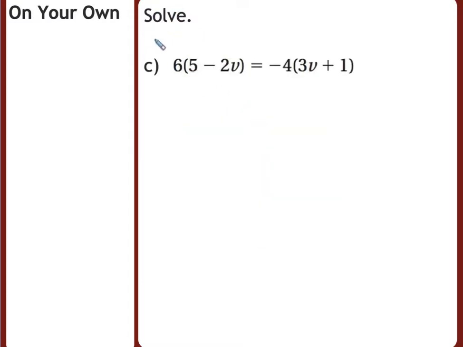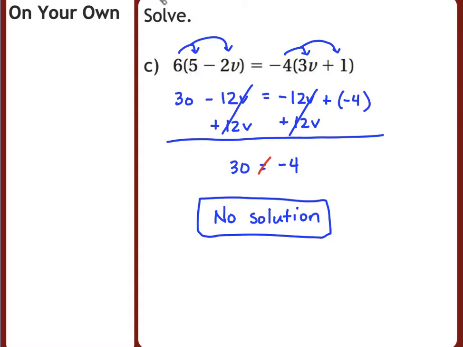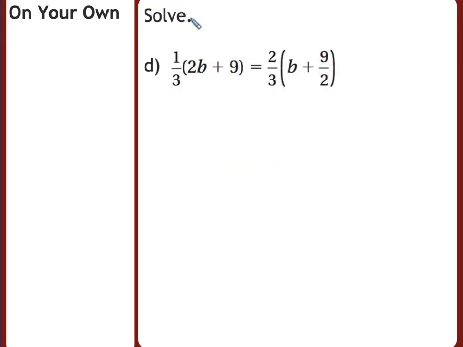Here's C. Go ahead and distribute and then solve. All right, so after distributing, we have 30 minus 12v is equal to -12v plus -4. So if we add 12v to both sides, we get 30 equals -4, which is never true. So that's no solution. And last but not least, we have D here.